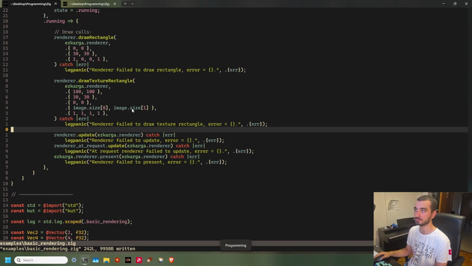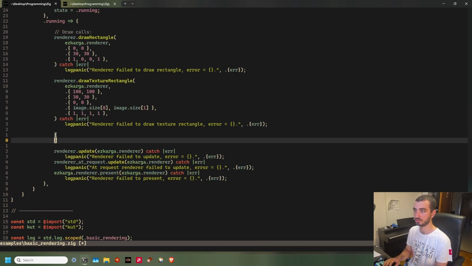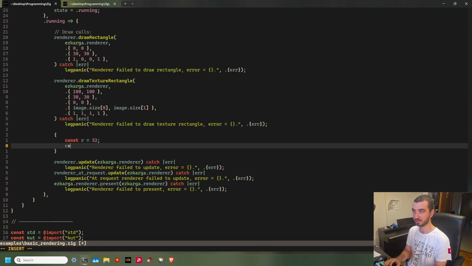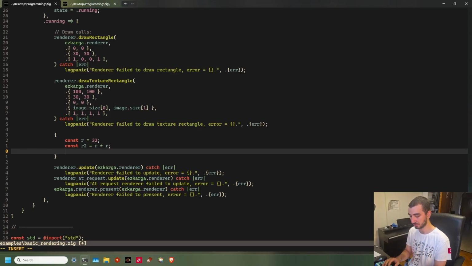So our radius is going to be 32, and I'm just going to calculate radius squared here, easy. And we need to get the x and y positions. So var x, I'm going to be using integers, by the way. So this is going to be i32.